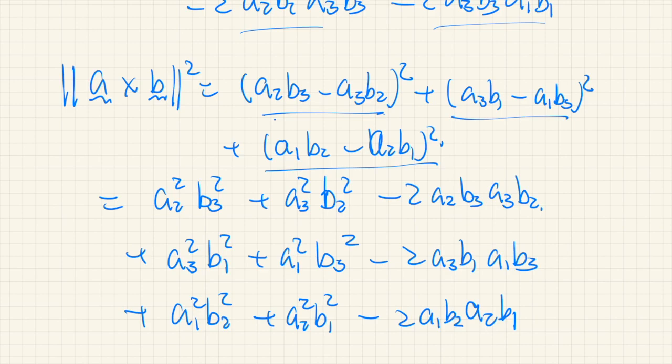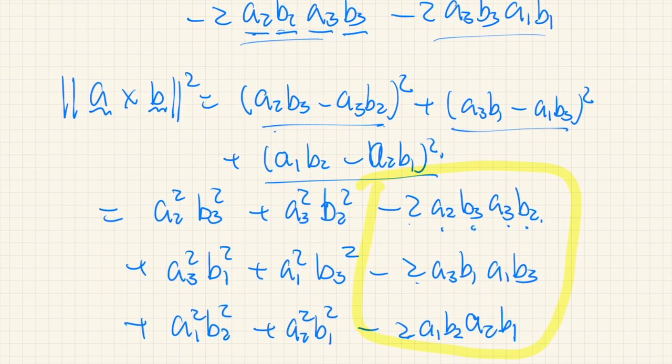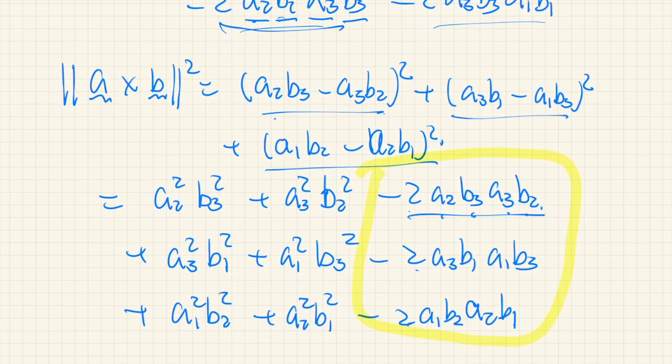Now let's look at this part. We have negative 2 times A2 B2 A3 B3, so this term is equal to this term.